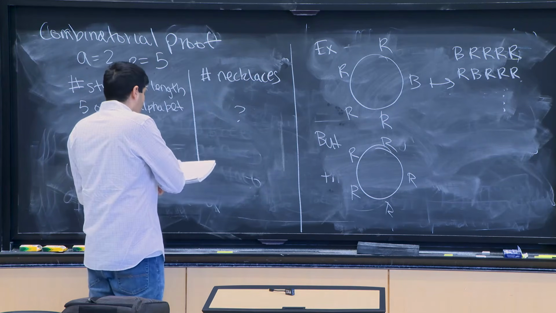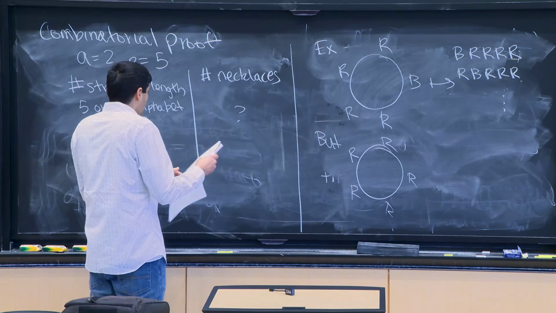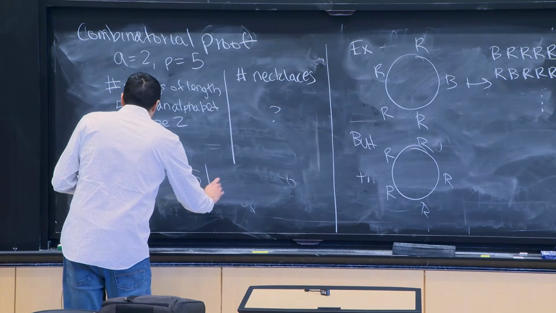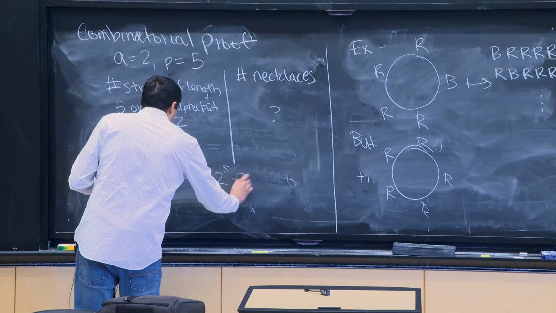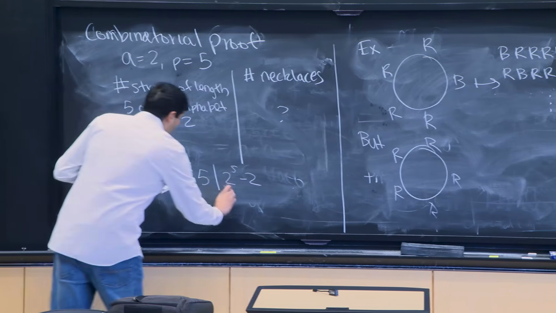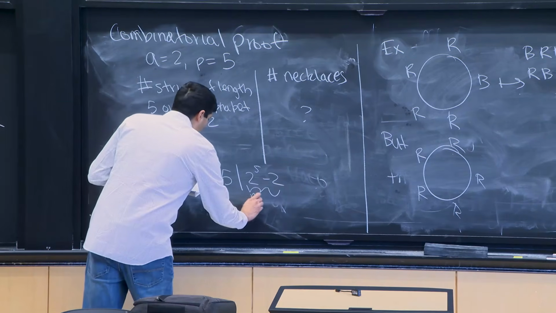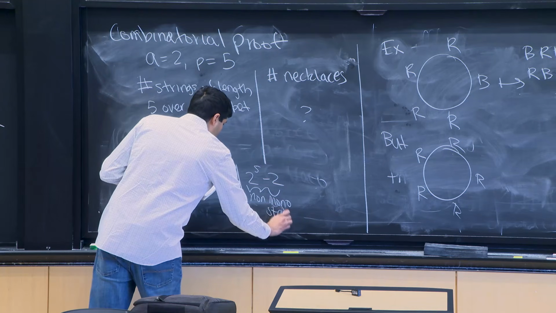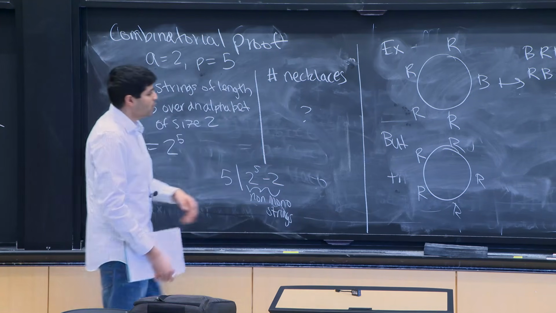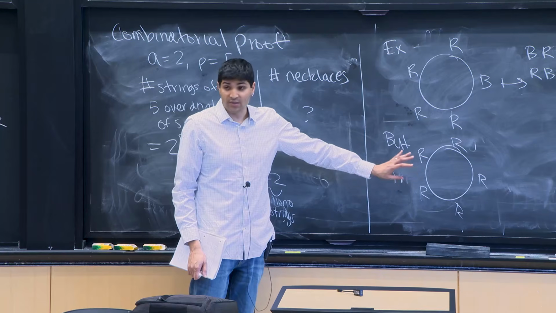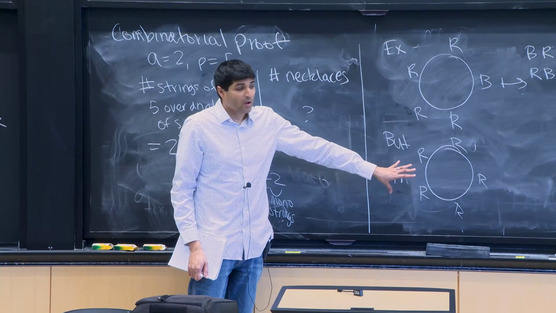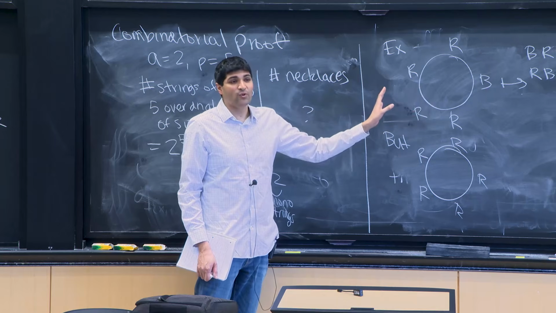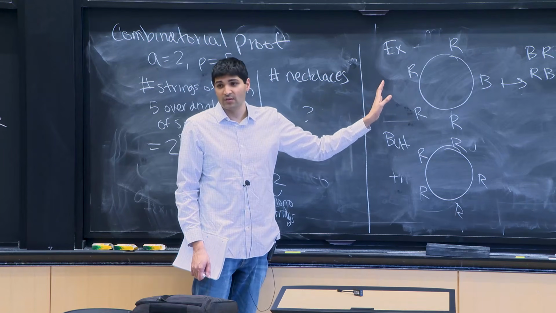So this gives us our proof, right? Because the statement is that if we look at 5, this should divide 2 to the 5th minus 2. So these are the number of non-monochromatic strings. And if we just remove all of the monochromatic strings, the all red and the all blue, the rest of the strings have this property that they come in a 5-to-1 relationship with the necklaces.